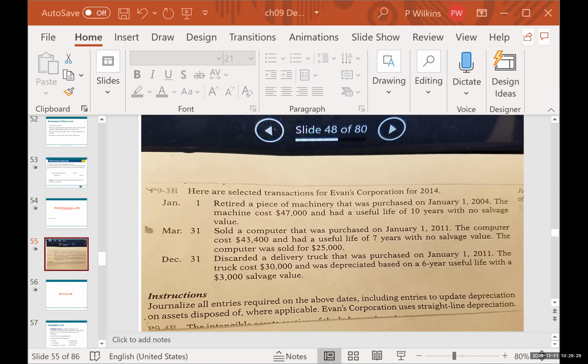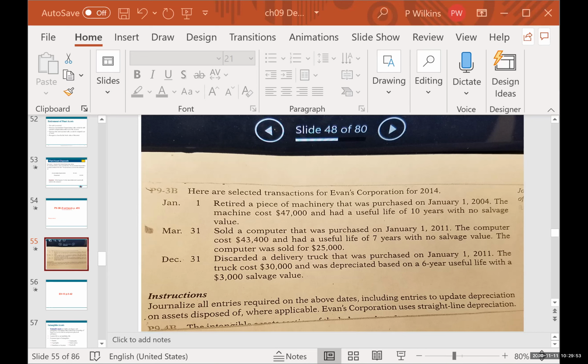So we purchased it. We're disposing of it on January 1, 2014. So they're making it a full year for us on this first one, just to make it easy. Okay. January 1, 2014, and I want the same format that we have here. January 1, 2014. Okay, so stick with me for a minute here, okay?